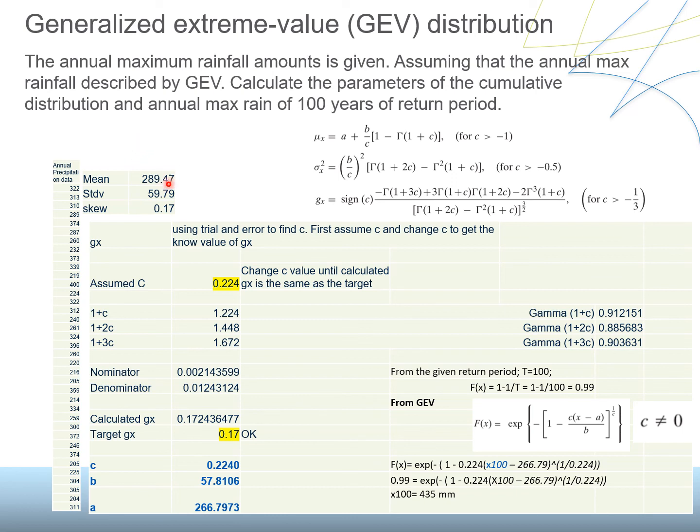So if the mean is 289, and standard deviation is 459, skew is 0.17 of the given data, and if that data follows the generalized extreme value distribution, then we calculate the 100-year extreme rainfall, which is 435.